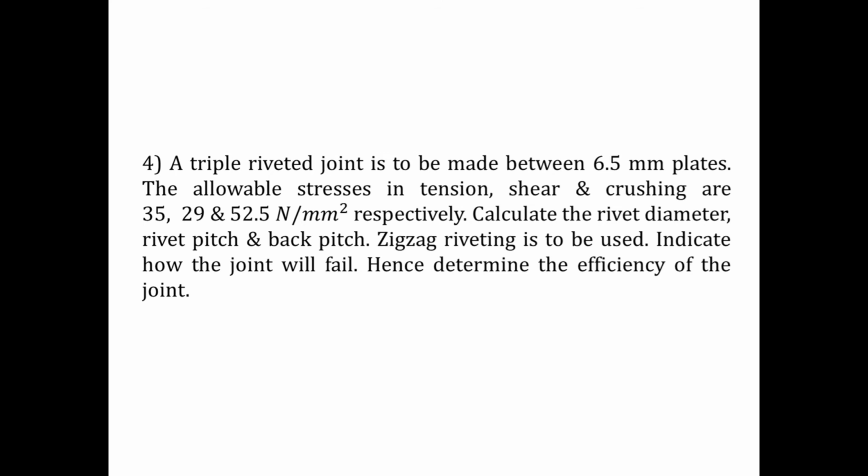Yes, 3. Value of n is 3. Why? It is given in the problem that it is a triple riveted joint. That means you are using 3 rows of rivets. So the value of n is 3.